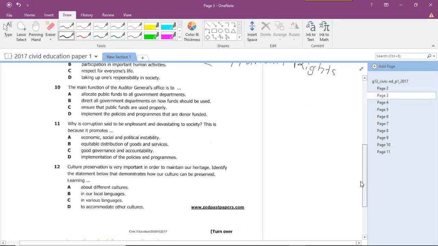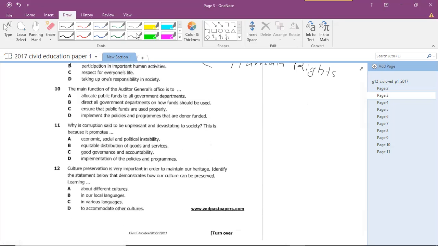Okay, let's move on to question 10. At least we're about midpoint, we're halfway. The main function of the Auditor General's office is to, so again, you're stuck, you're like, what's this Auditor General? What am I talking about here? We haven't done this topic yet, but you can easily go to your textbook.